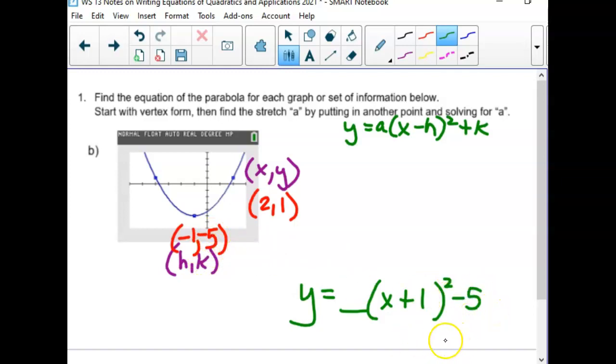Okay, so plug in your X, Y, H, and K and solve for A. Can you try that? Let's see, Y is 1. X is 2. Minus H would be minus negative 1. Plus K, which is negative 5.